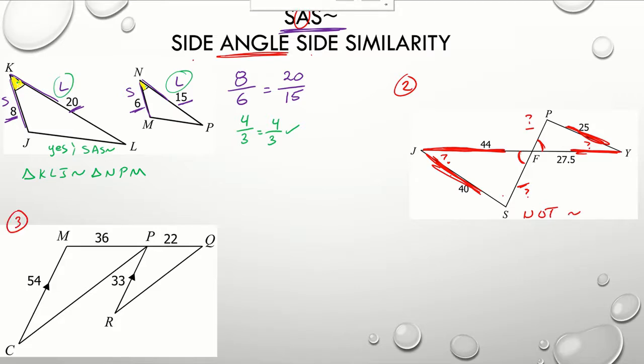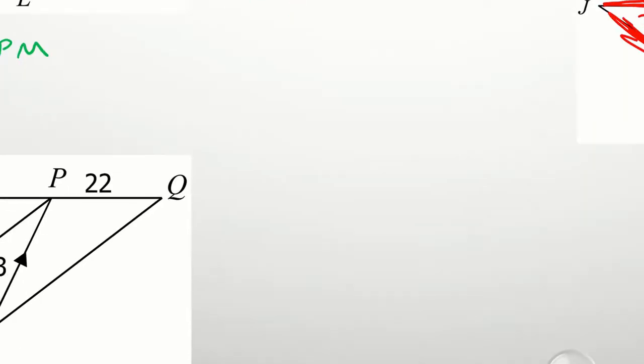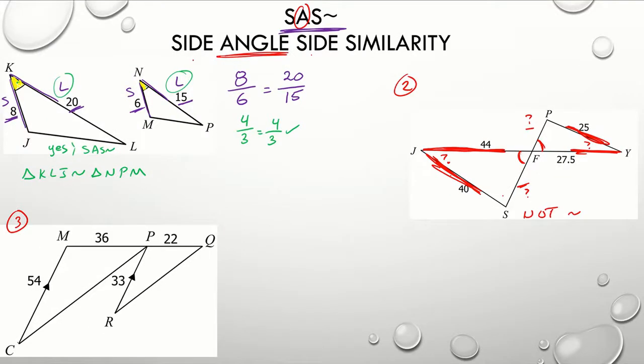So looking at this third example, once again we have parallel lines, which is telling us we're going to have some kind of congruent angle somewhere, right? And so our job is to identify where those congruent angles are. Here we have our two parallel lines, and this is our transversal.